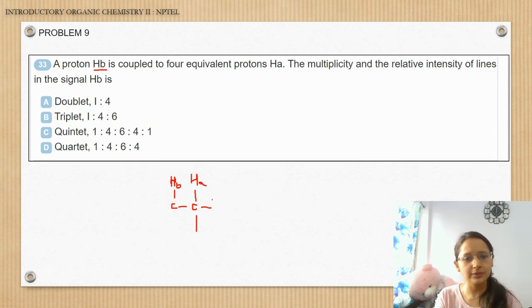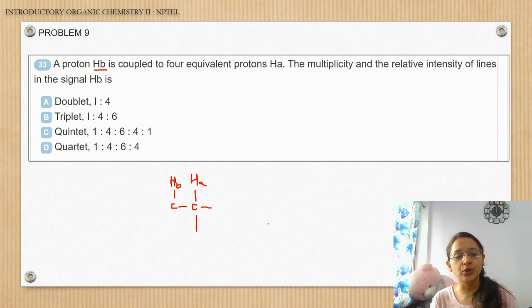Hb proton is coupled to four equivalent protons Ha. What does this mean? Hb has four equivalent protons surrounding its environment, and that is why it is coupling with Hb. If Ha is very far away, then how is it going to couple with Hb? It would not couple. But here they are saying that Hb is coupled with four equivalent protons of Ha.